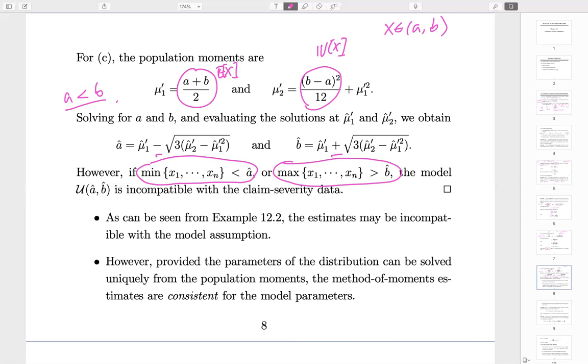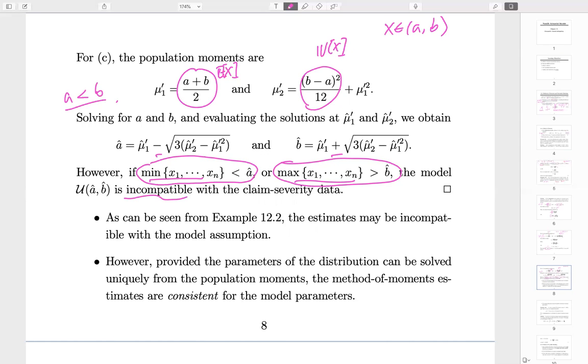So all your observations are supposed to be within this range, greater than A, less than B. If they are out of this range, so let's say the minimum is less than A hat or the maximum is bigger than B hat, then it's incompatible, right? What we just estimated does not match the theoretical property of this uniform distribution, right?